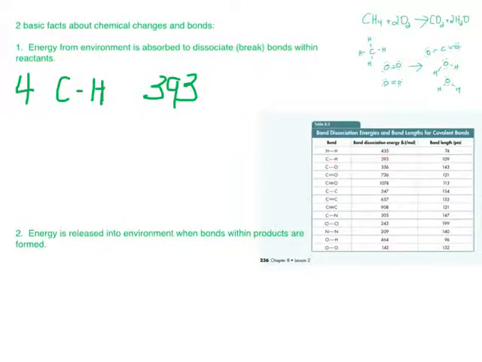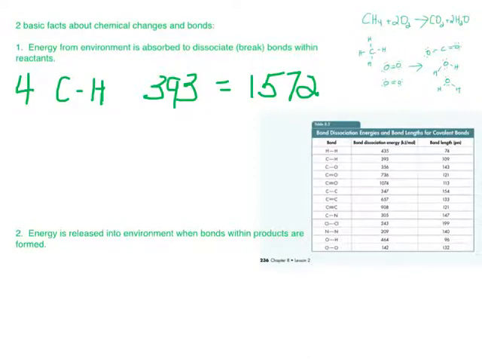It takes that much energy to break those bonds. So if you take 4 and multiply it by 393, you're going to get the total amount of energy needed to break up a methane molecule. That is 1,572 kilojoules per mole.